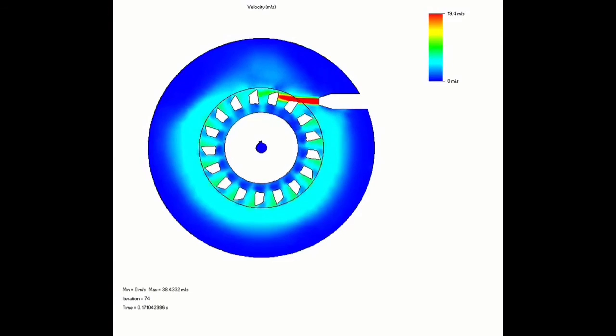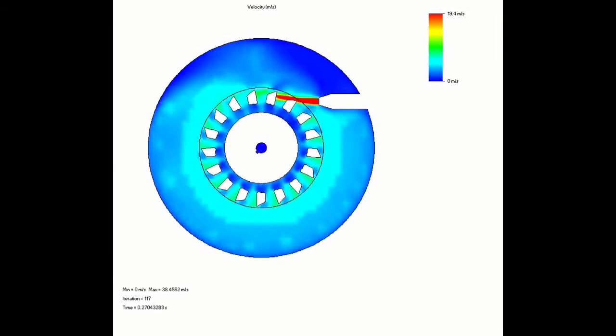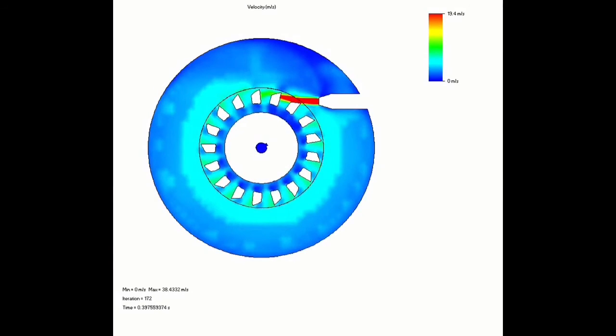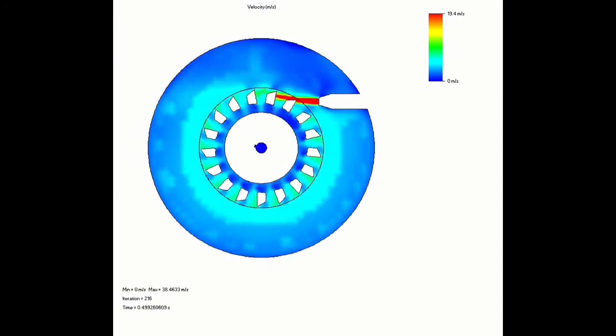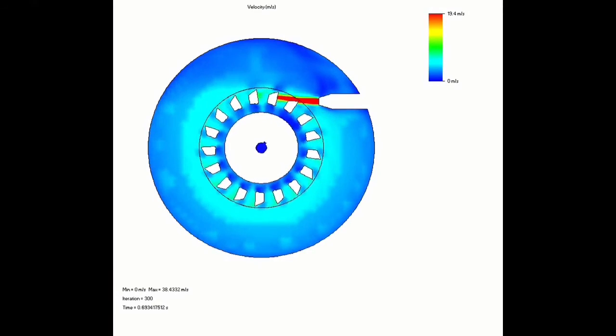So here you can see the front view of the simulation, which is running at 360 iterations with a minimum velocity of 0 meters per second and a maximum of 38.5 meters per second. So once the iteration reaches 360, the simulation is over.